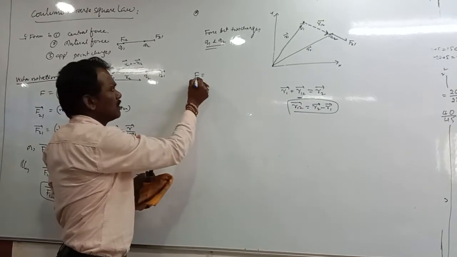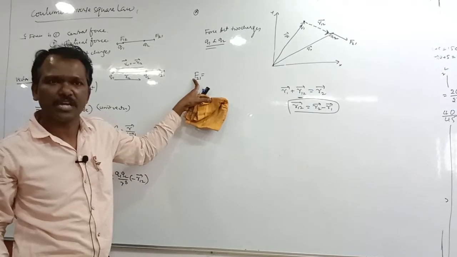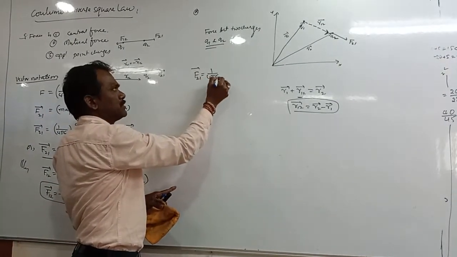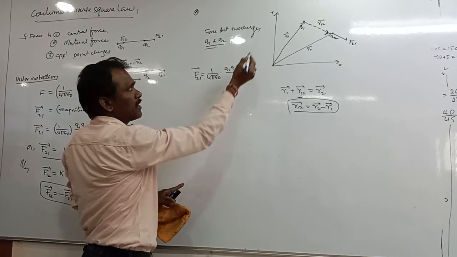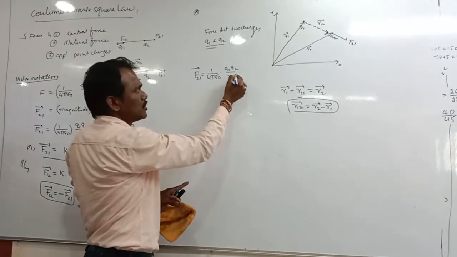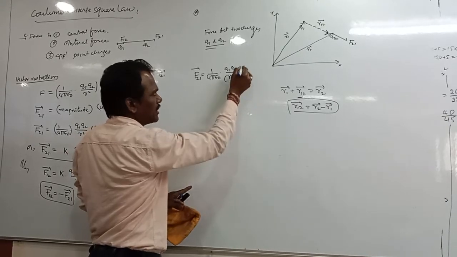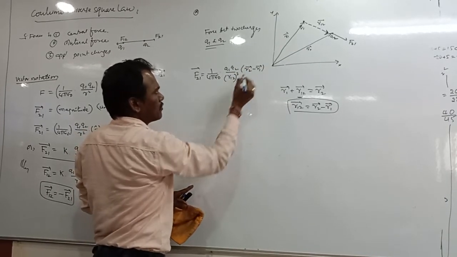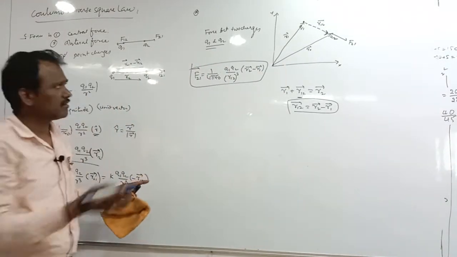So the force on the second charge due to the first charge has magnitude 1 by 4 pi epsilon naught into q1 q2 by, that distance is r12. If you write it in terms of vectors, we write r2 bar minus r1 bar, isn't it?